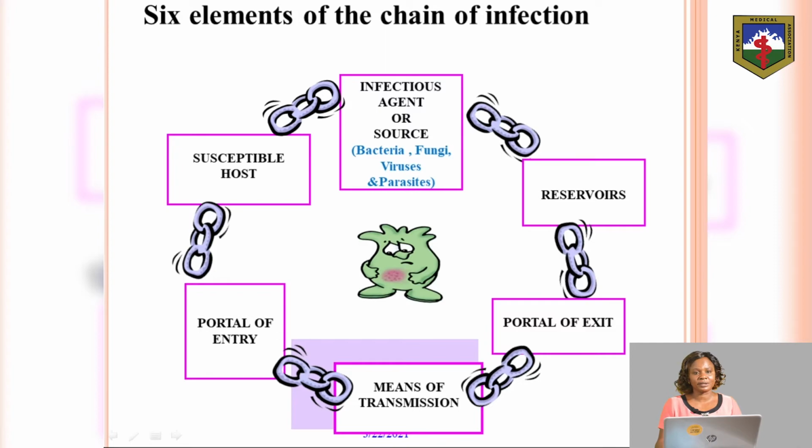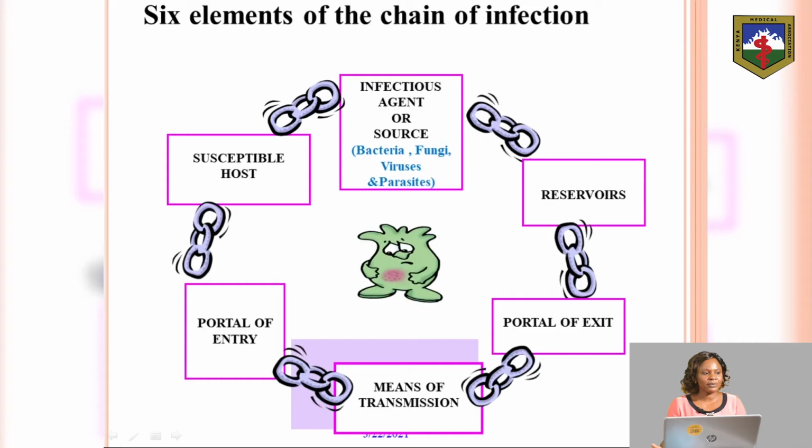Now, for us to cut the chain of infection, we have to understand it. It has 6 links: the infectious agent or the source, whereby we have the bacteria, the virus, and the parasite. The reservoir, where the organism will grow, survive, multiply, and start moving from there to infect the next victim. Then we have the port of exit, which is how the microorganism will leave the body to the next person.